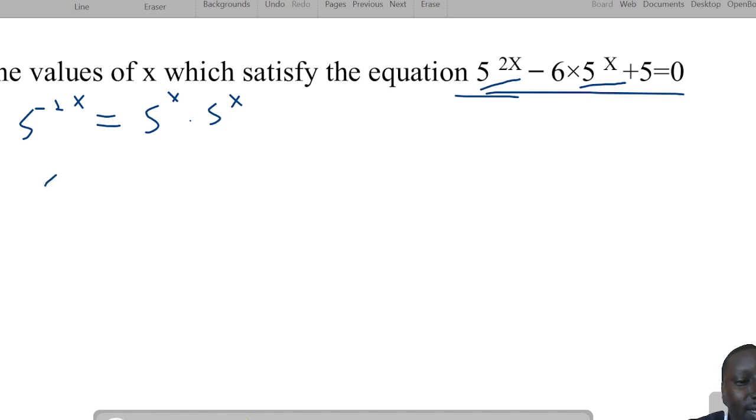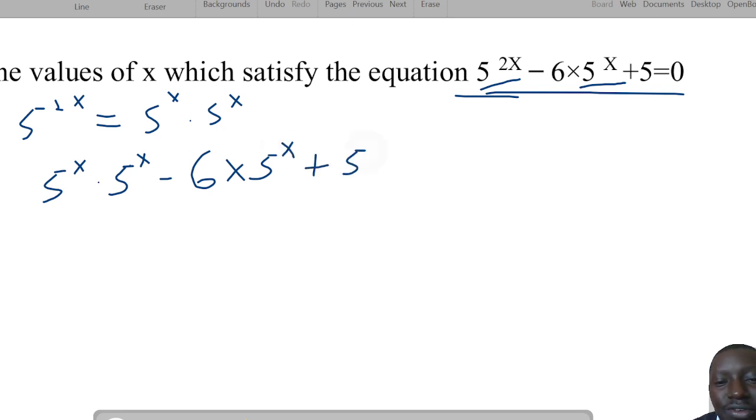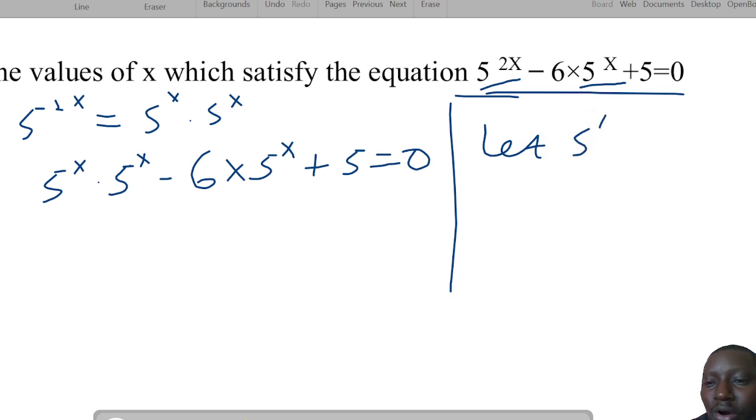So basically, that is 5 to the power of x times 5 to the power of x. Then minus 6 times 5 to the power of x, then plus 5 is equal to 0. So from here we can say let 5 to the power of x be y.